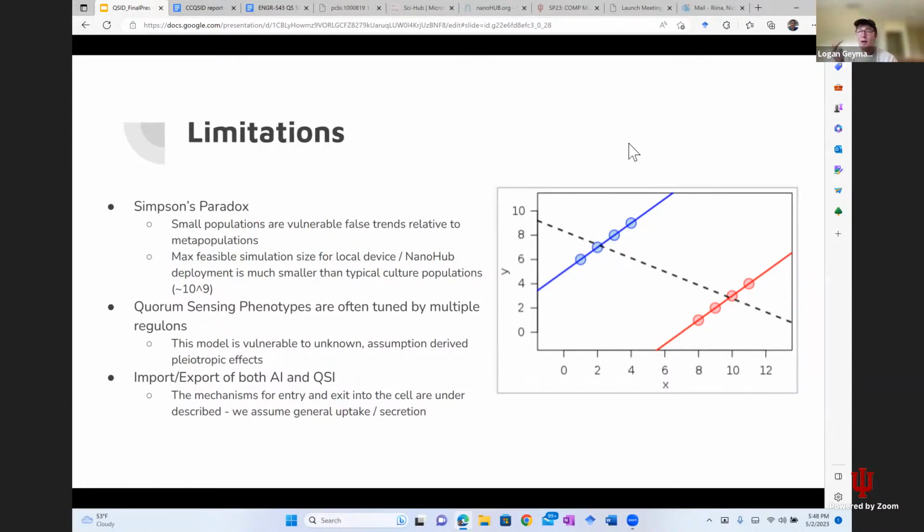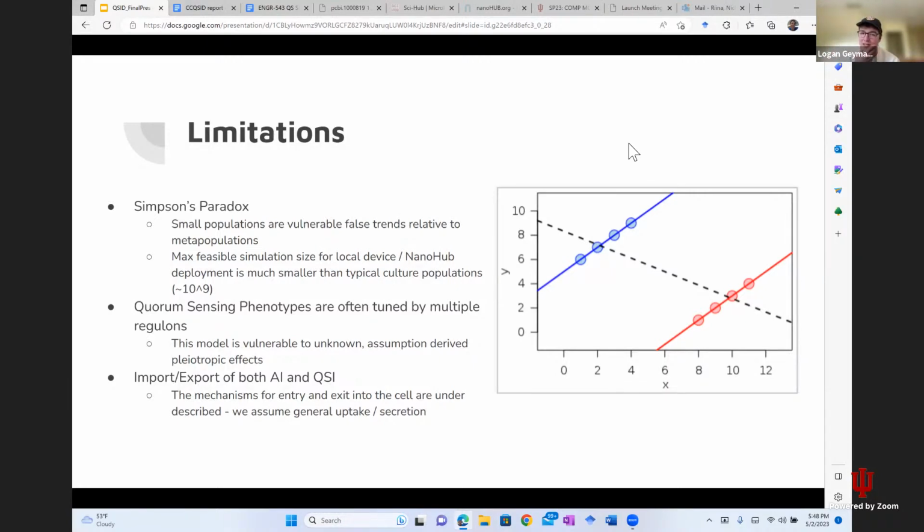That's not perfect either, but that's why we use it to inform in vivo experiments and not necessarily to make conclusions, because we tune the model with in vivo data and the in vivo data with the model, and it's a positive feedback loop. So it's a limitation. It's not necessarily a death sentence. This is something that a lot of bacterial population simulations encounter, where they get a few hundred, maybe if they have supercomputers, a few thousand.